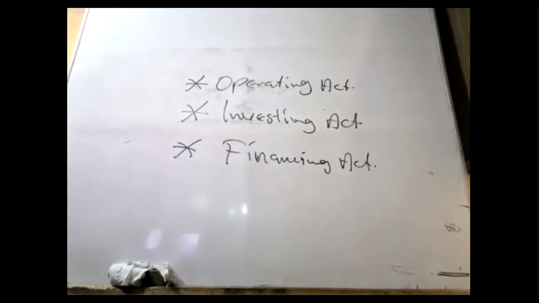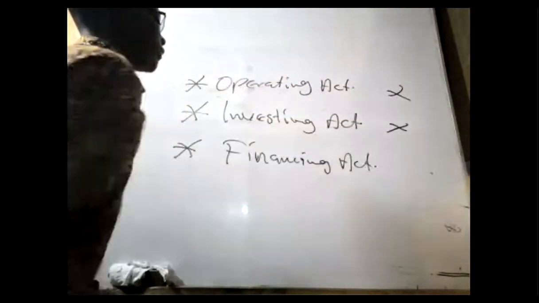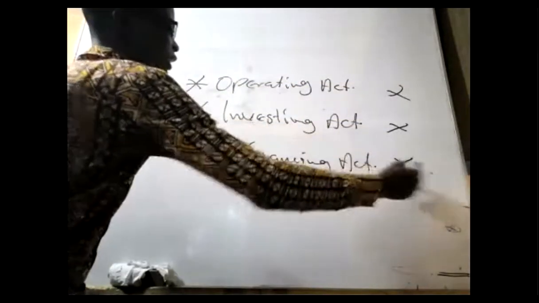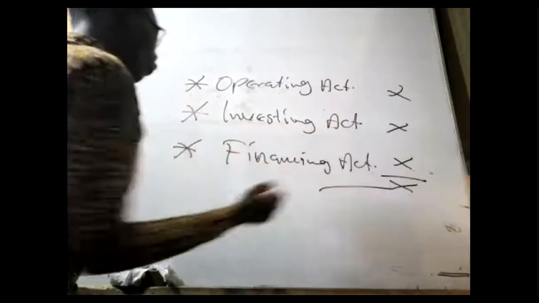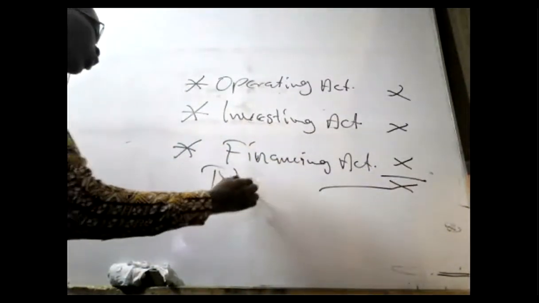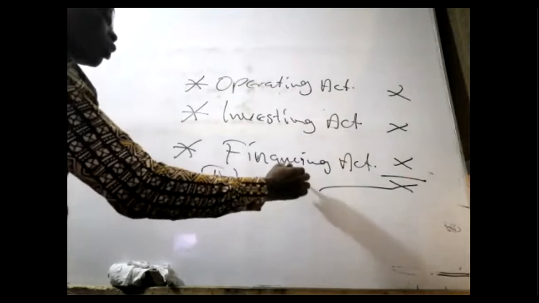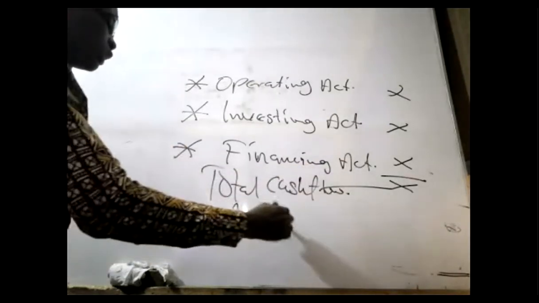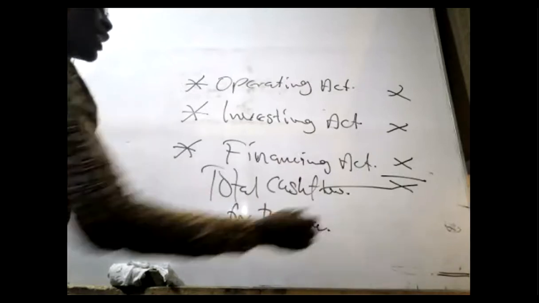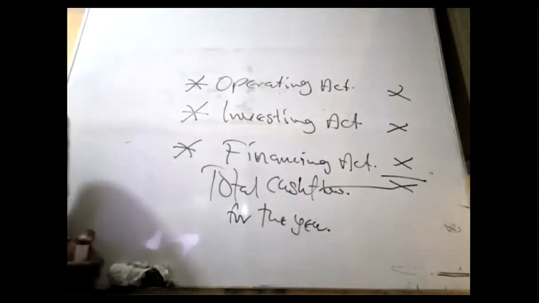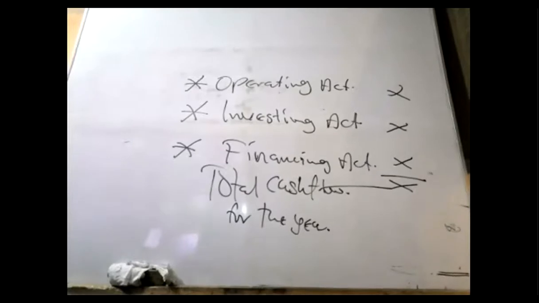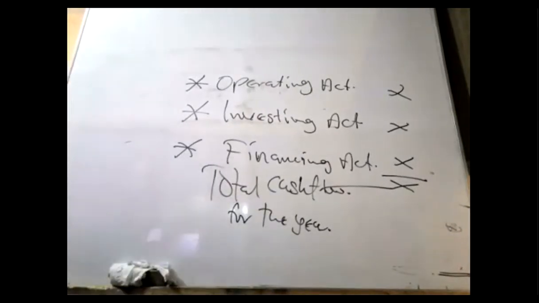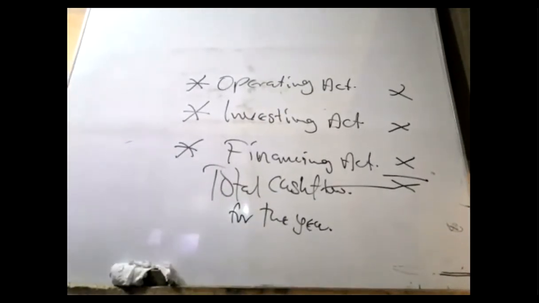That is all. So if I put cash flow from operating activity, cash flow from investing, cash flow from financing, I'll get a total cash flow for the year. Now, it is your duty, not even your duty, they've done it already, to know the items that go under operating activities.